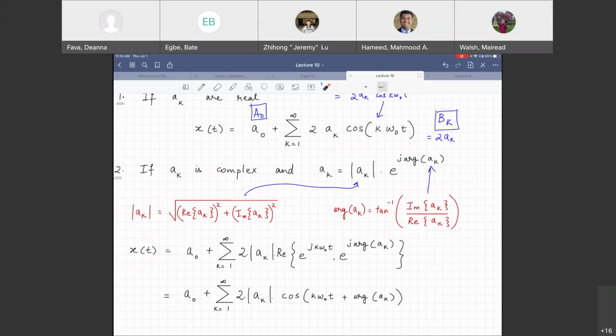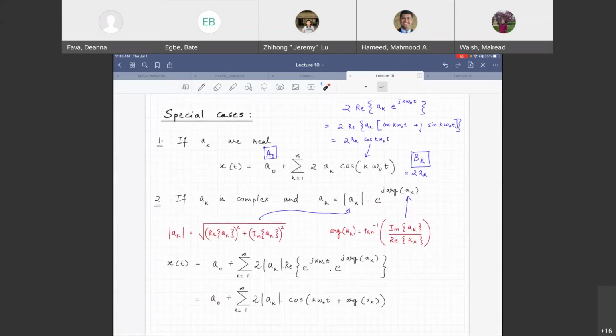Well, you can write it as a sub 0, that carries over, no problem. What are you left with? You are left with summation k equals 1 to infinity, 2 times real part of ak multiplied by e to the jk omega naught t. Now, 2 times real part over here, because I don't need to do that for magnitude. The magnitude of a complex number cannot be other than real.